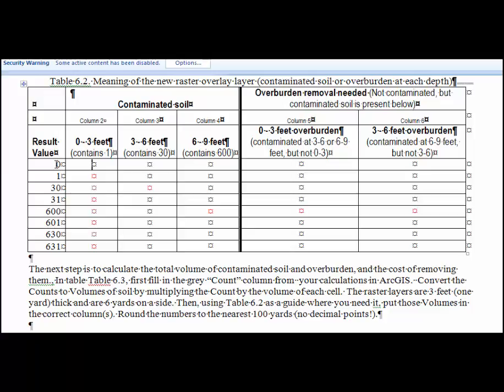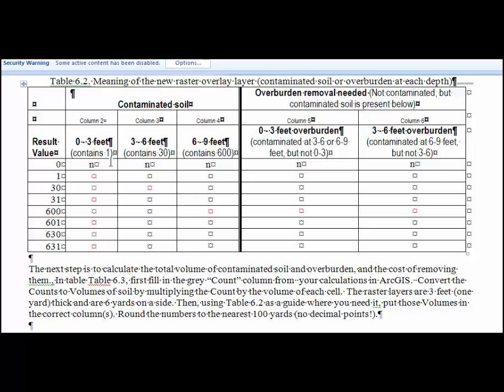So a 0 value in the output raster layer I know means it's not contaminated. So I can put an N where the 0 is. Like I said, this table is going to be all yeses and nos. Where I have a 1, that meant that I had contamination at the top level.